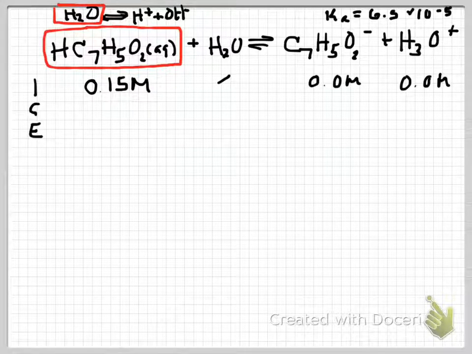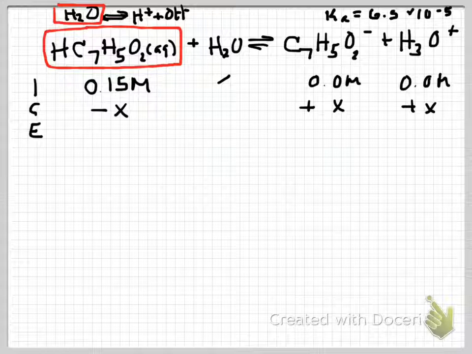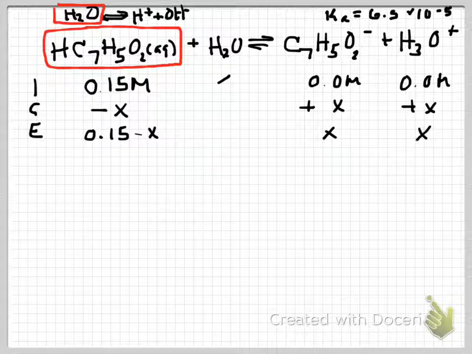Everything here is 1 to 1, and because we have no products at the beginning, we're always going to go to the right toward the product. So our change is minus x for the acid, plus x for the conjugate base, and plus x for the hydronium. Our equilibrium concentrations are 0.15 minus x, x, and x.